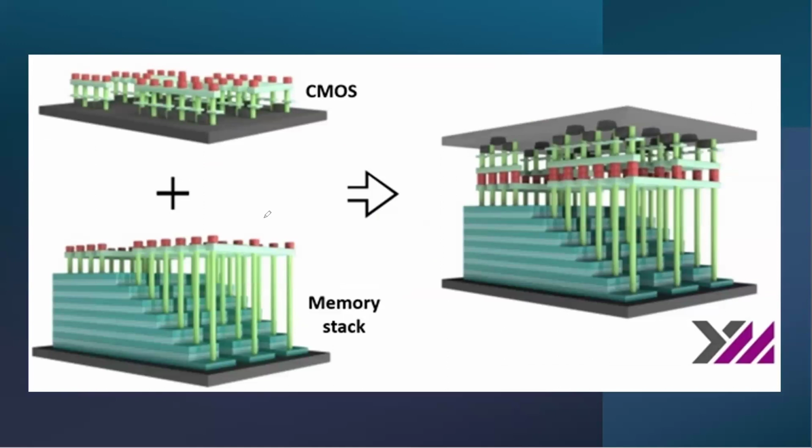Remember, in the Samsung 3D NAND, they are on the same wafer. But for YMTC, they are different wafers, because this is to their advantage. And they could put it together with the bonding. So that's what the end product will look like.